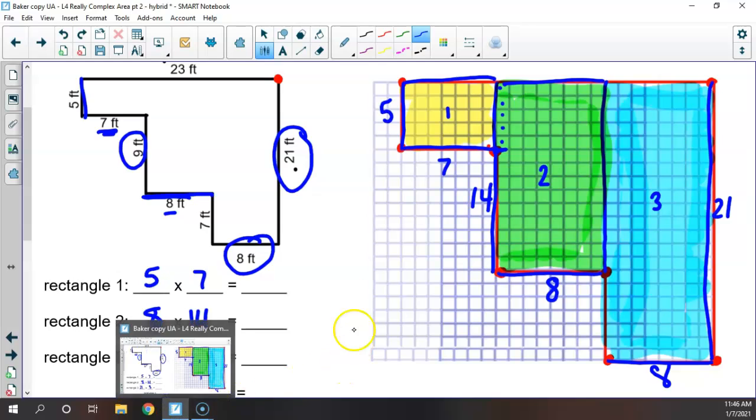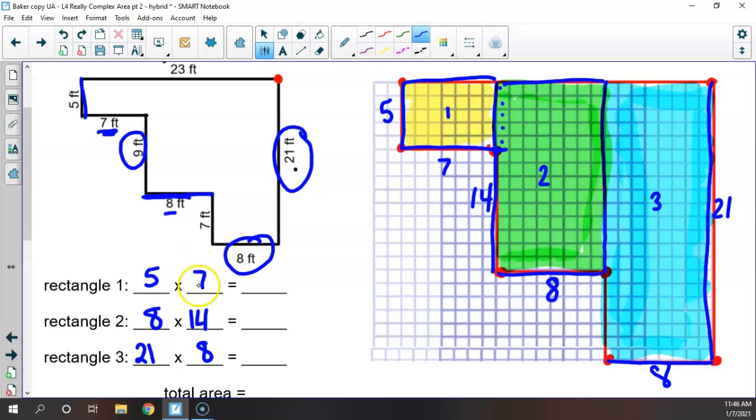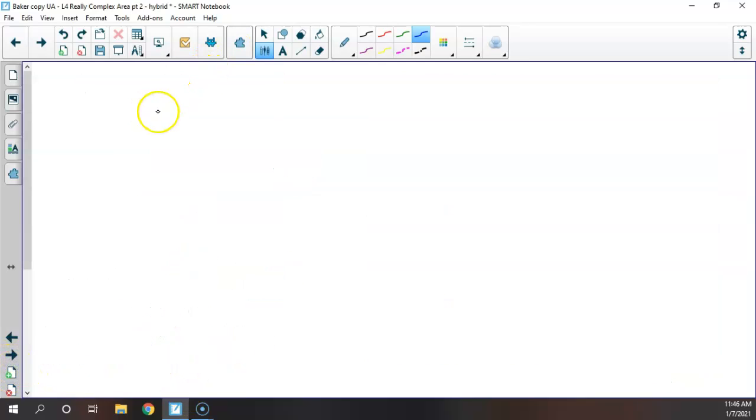All right, so the last step, or not the last step, but the second to last step, I need to find the answer to the area for each of these rectangles. So 5 times 7, well, I know that that is 35. So I'm going to write that right here. That's 35. 8 times 14, I'm not sure of. So I'm going to go to a separate sheet of paper, and I'm going to do my area model.